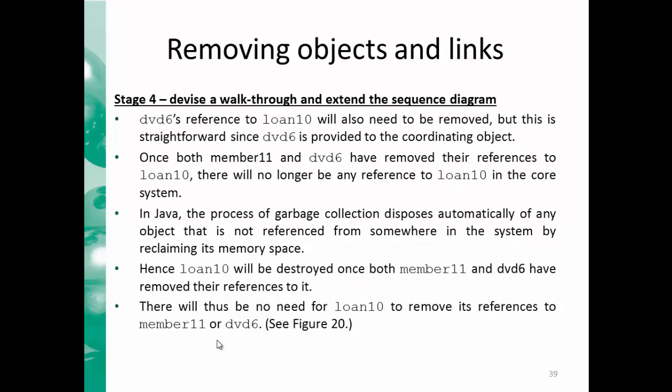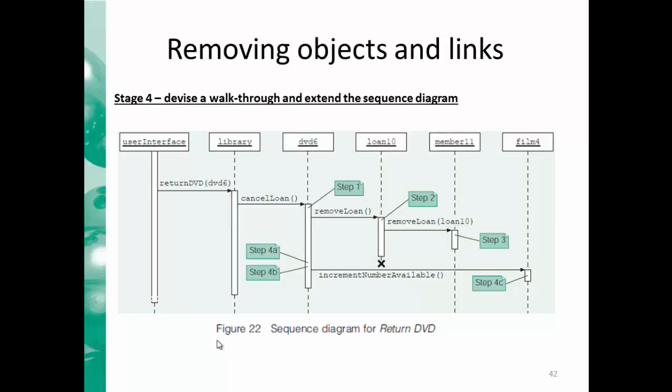If we just go to the complete sequence diagram, you will find that after the interface asks the library to return DVD 6, the loan would be cancelled for DVD 6. Now DVD 6 will find out what loan it is in, and it will destruct it.